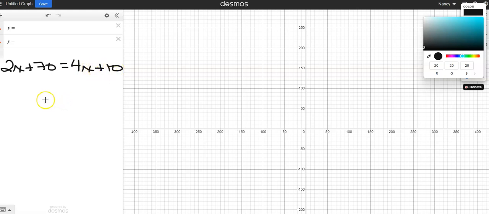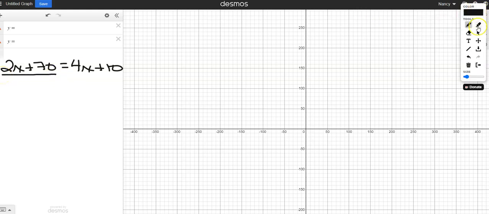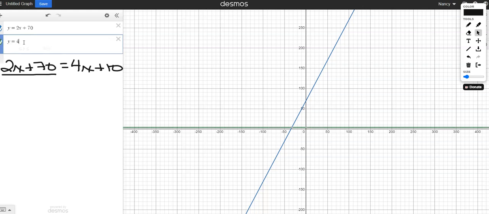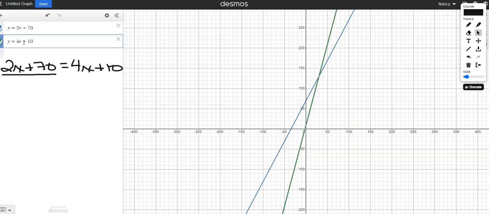So on the top line I'm going to put y equals 2x plus 70. Remember, it has to be lowercase or it won't graph. On the second line, I'm going to enter y equals 4x plus 10. If you can solve equations, it's probably faster to solve it, but you can also check your answer with this. There's the intersection.